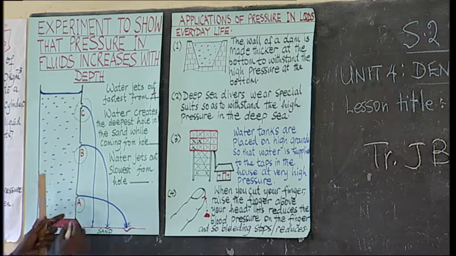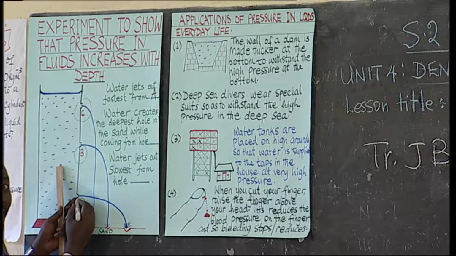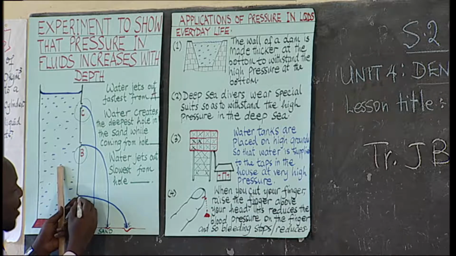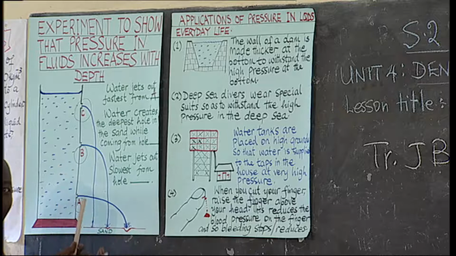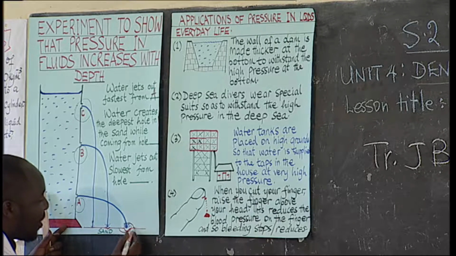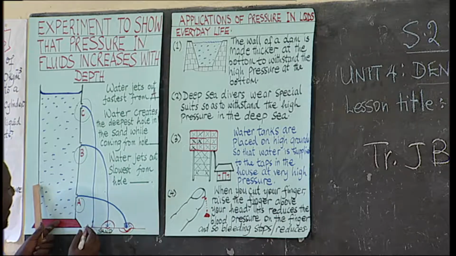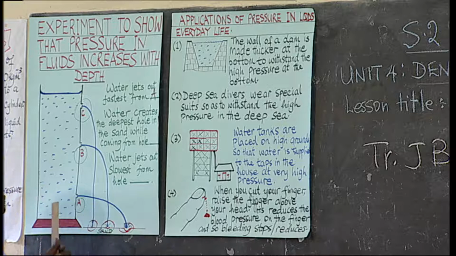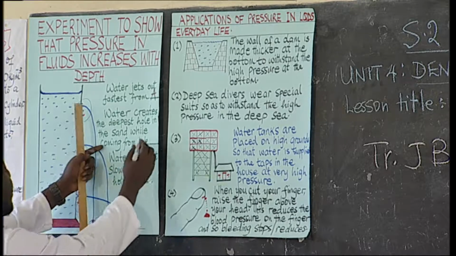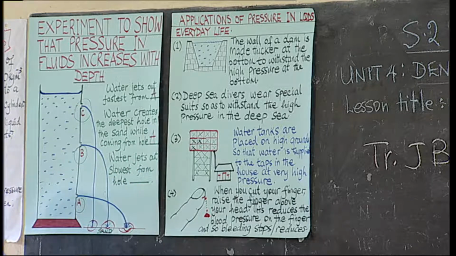Great. As we have seen, because water is coming out fastest from hole A, the water from A will be moving with the greatest speed and the greatest force. So this hole will be the deepest hole, followed by the one coming from B, and then lastly, the one coming from C. So it means here the deepest hole will be created by water coming from hole A.